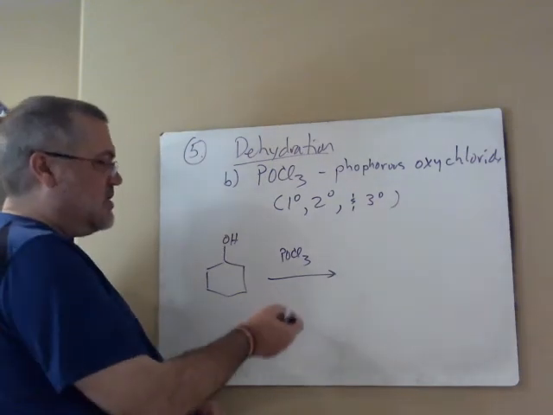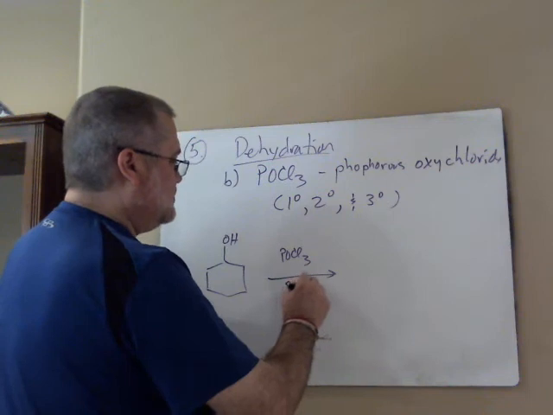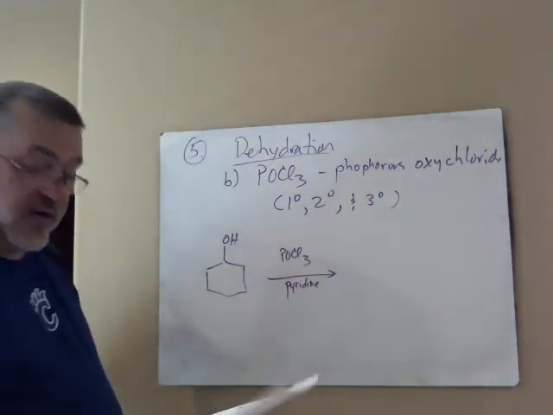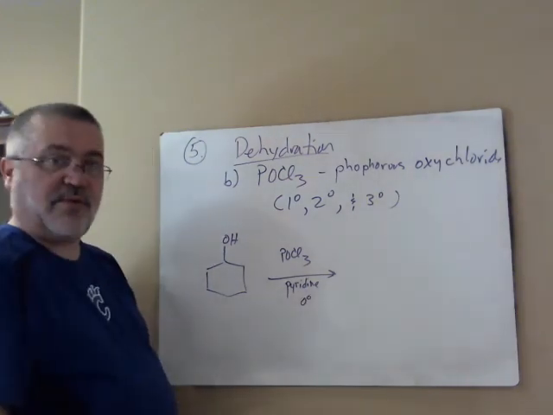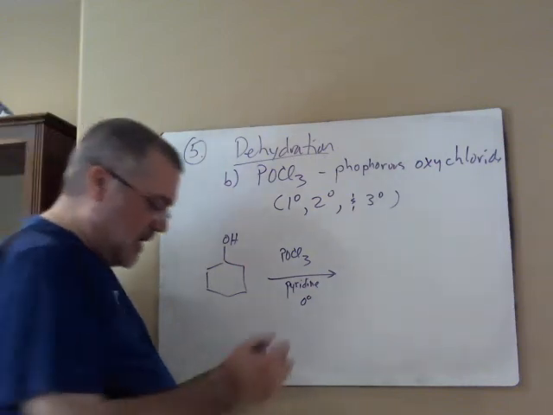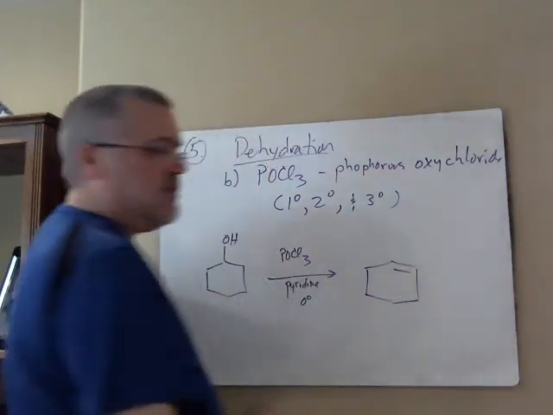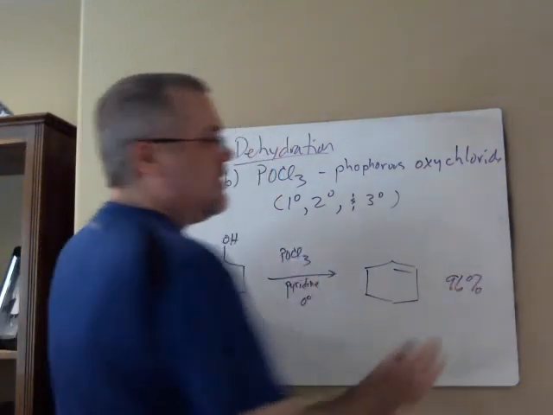And here are the conditions you'd have on your flashcard. You're going to use pyridine as a solvent. And it's usually done at low temperature, but it'll work at room temperature also. And the result of that is the formation of the alkene, and it's a really good yield, about 96%.